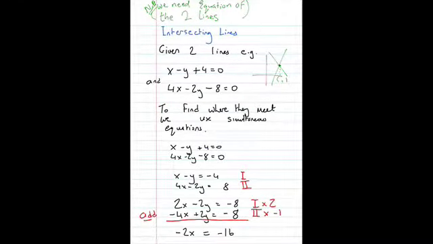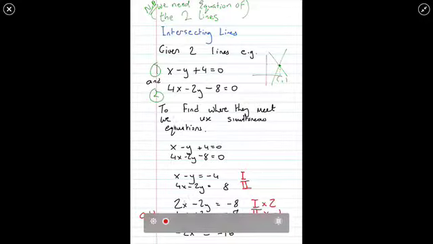So, here I have 2 equations of the line. Here's one, here's the second one. Do you all remember how to do simultaneous equations? Okay, well first of all, to do a simultaneous equation, I want to get the x and y on one side and the numbers on the other. Do you know what I mean by that, Liam? Yeah, so here I have x minus y plus 4.